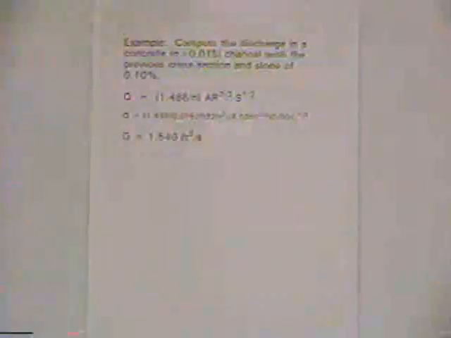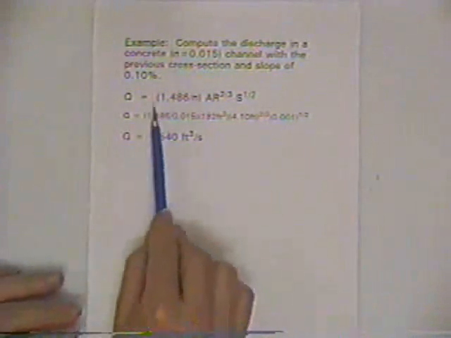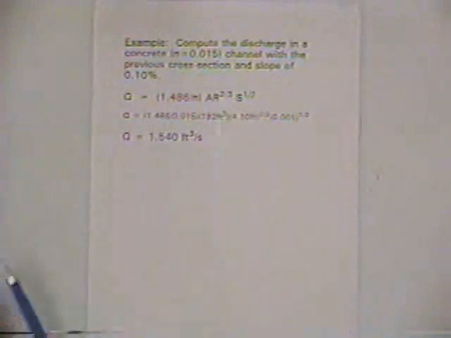So this problem says compute the discharge in a concrete channel with an N of 0.015, with a given cross-section and slope of 0.1%. And this just gives us a problem to plug the numbers into the Manning's equation. And so we reproduce the Manning's equation here.